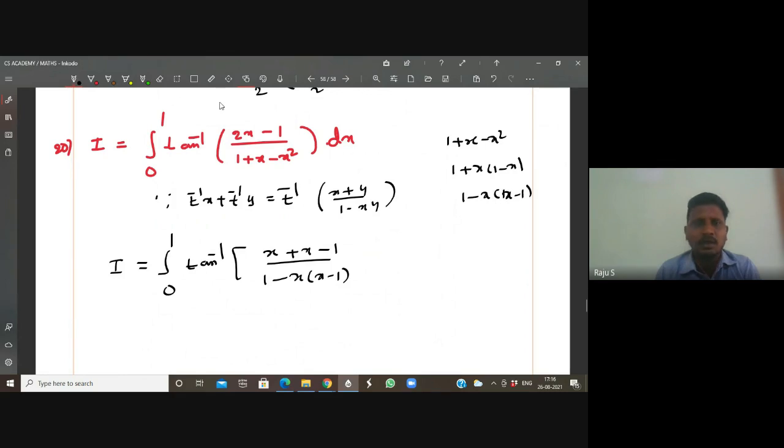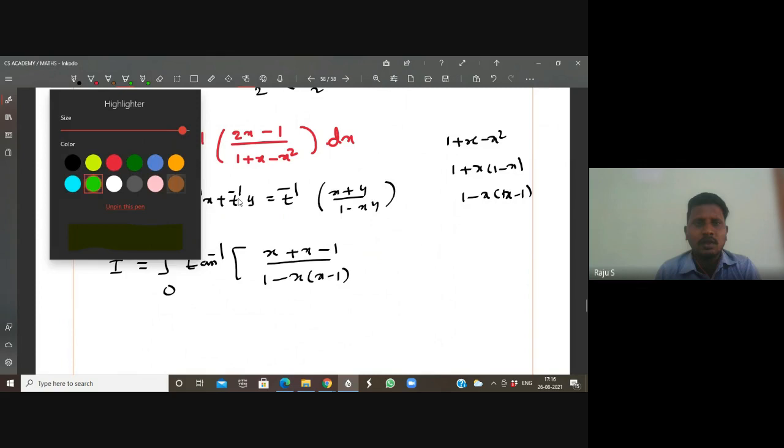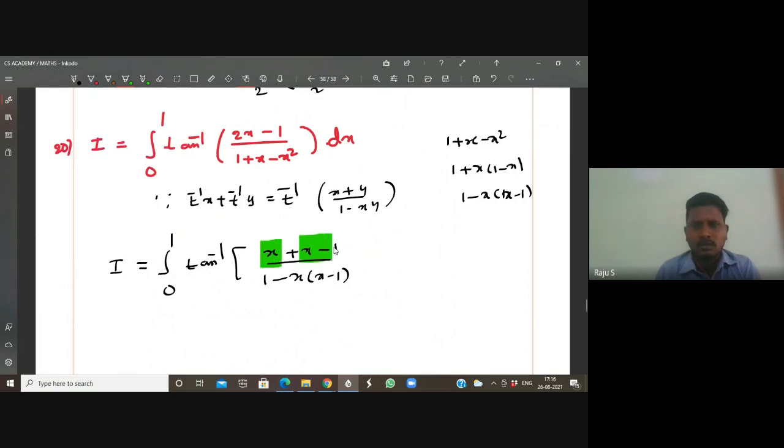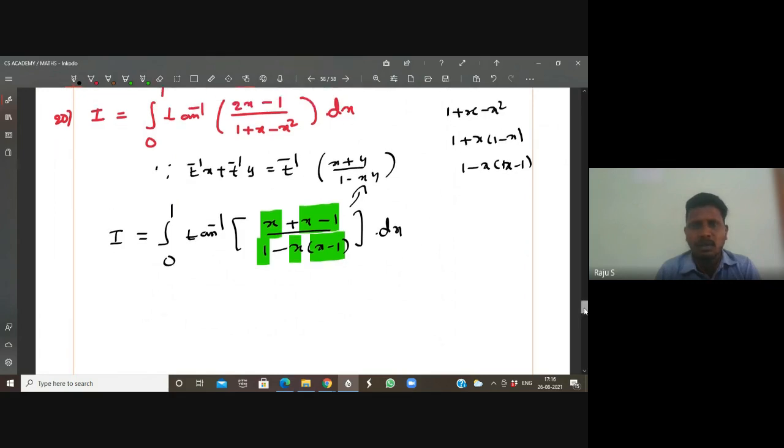We require x minus 1, because I want to consider this as x, this as y, 1 minus x into y. Got it? The numerator is x minus 1, the denominator also must be x minus 1. So it is in the form of the RHS, tan inverse of (x plus y) by (x minus 1). So this is equal to integral 0 to 1 of [tan inverse x minus tan inverse of (x minus 1)] dx. Simply, I applied the tan inverse (x plus y) by (1 minus xy) formula.